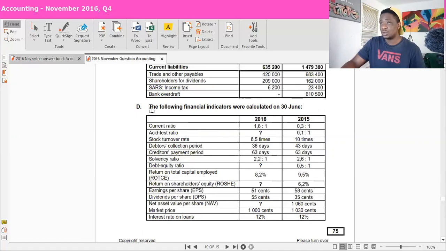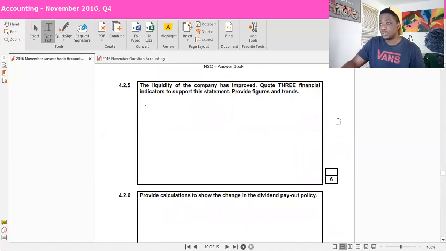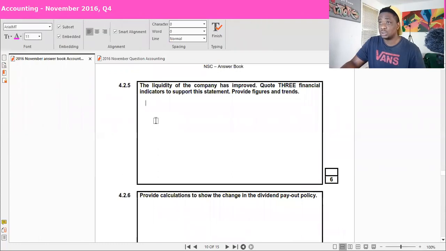And to quote that, you'd start with the current ratio. Let's say current ratio improved from 0.3 is to 1 to 1.6 is to 1.